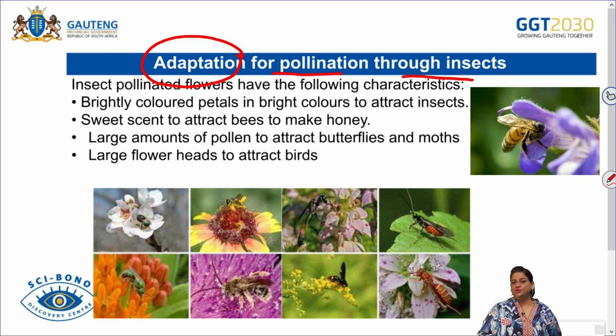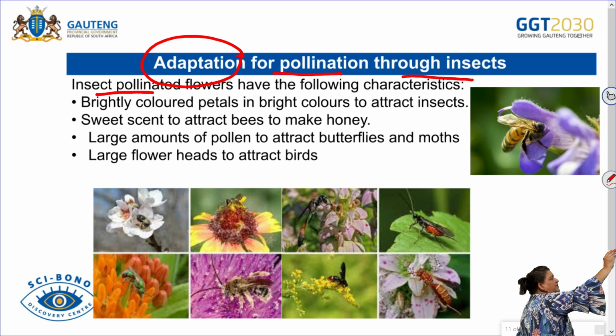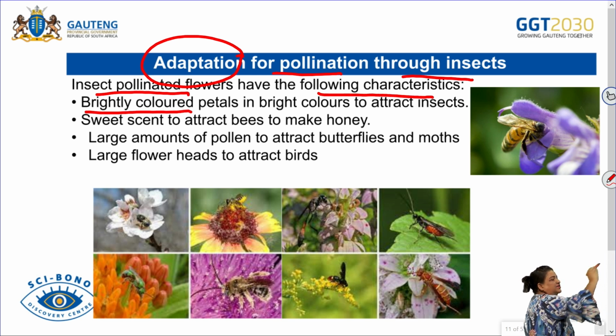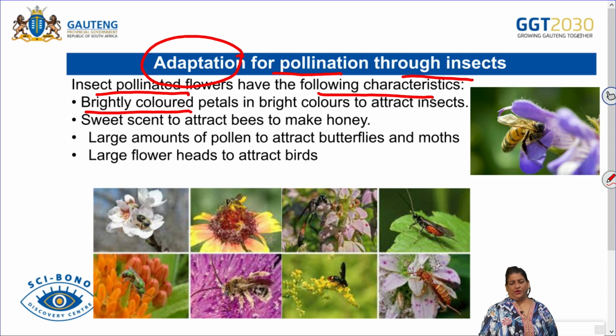You see, it's not going to be attractive to the bee, so it won't even visit the flower. So therefore, you find insect-pollinated flowers have the following characteristics: brightly colored, red, pink, yellow. You won't get a green flower. So red, pink, yellow, orange, those are insect-pollinated flowers, and will attract what?